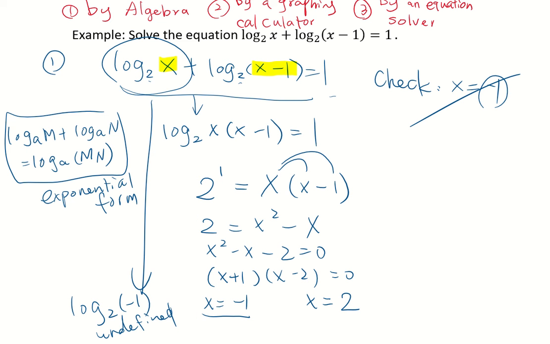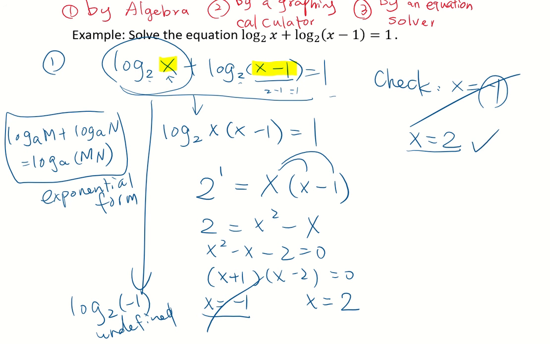Now let's check the other answer, x equals 2. Similarly, you want to plug it back into the original equation to see if 2 makes each of the original arguments positive. If you plug in 2 here, that's positive. And if you plug in 2 into x minus 1, 2 minus 1 is equal to 1, still positive.